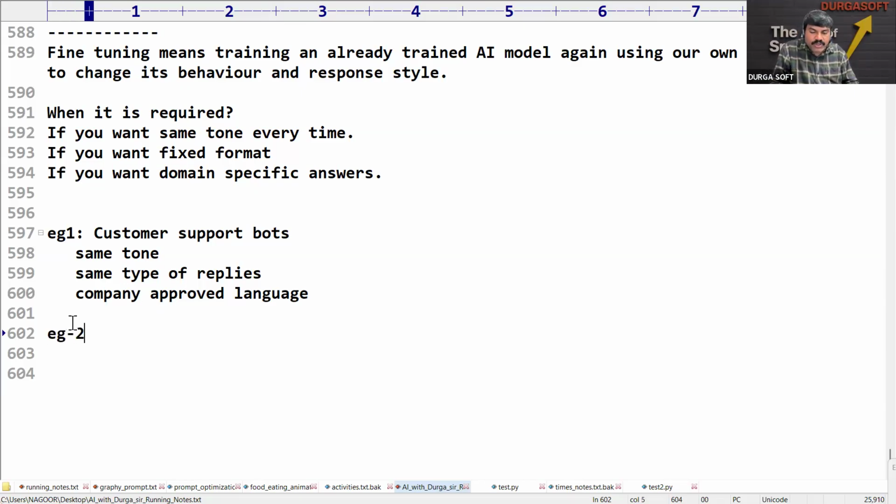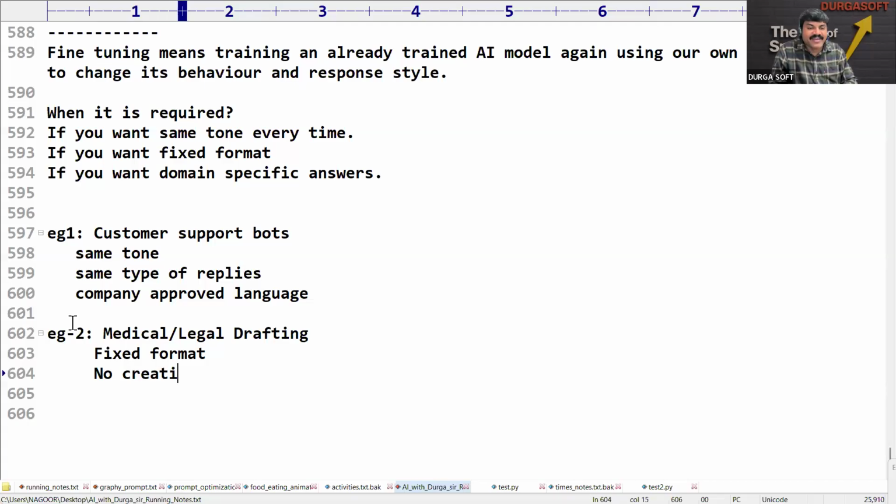Suppose if you consider medical or legal drafting, okay, so it's always fixed format only. Next, no creativity. Next, high consistency must be required.